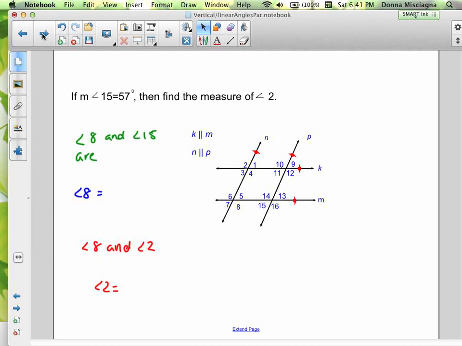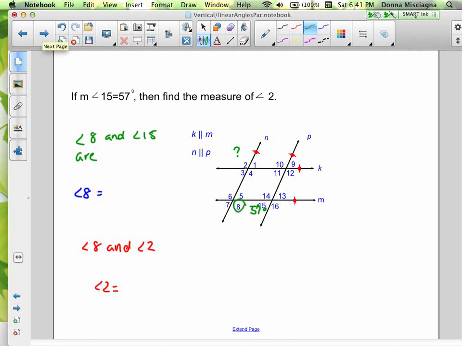All right, so if angle 15 is 57 degrees, find the measure of angle 2. Here they're not even on the same set of lines, so we're going to have to work our way across. Let's use angle 15 and angle 8.